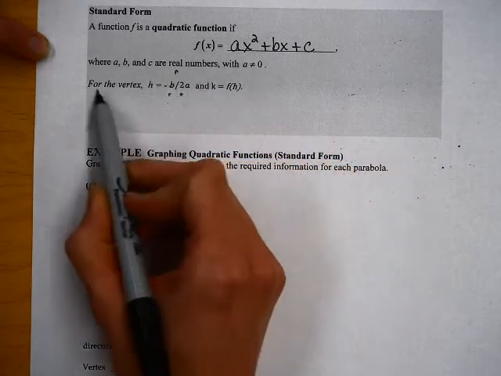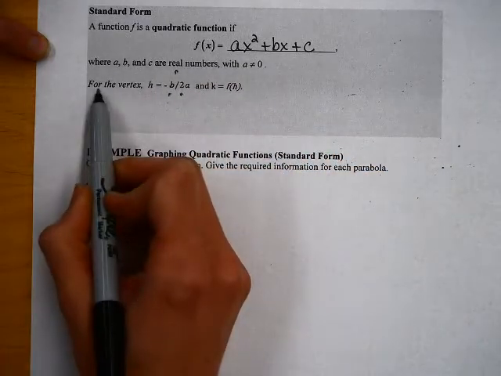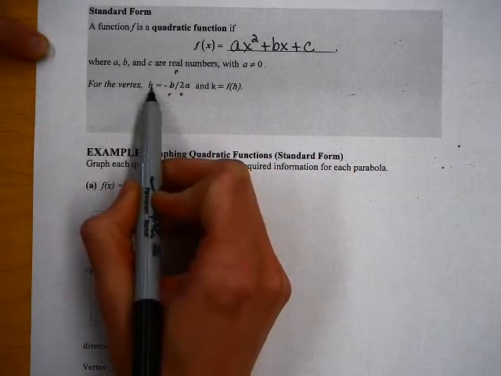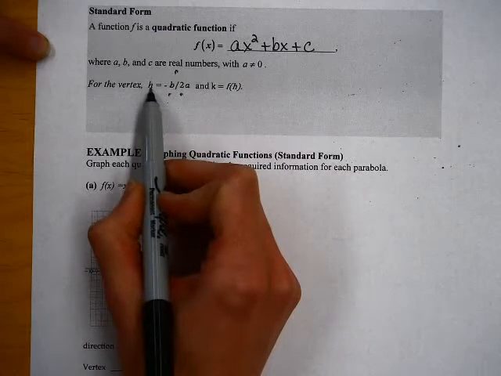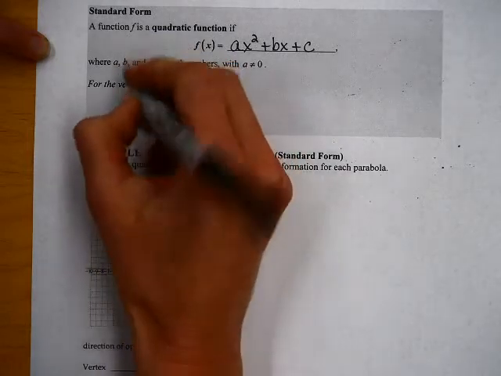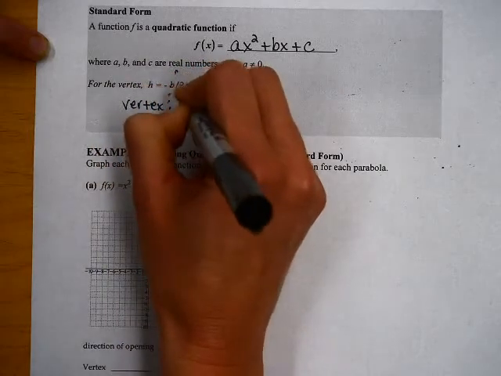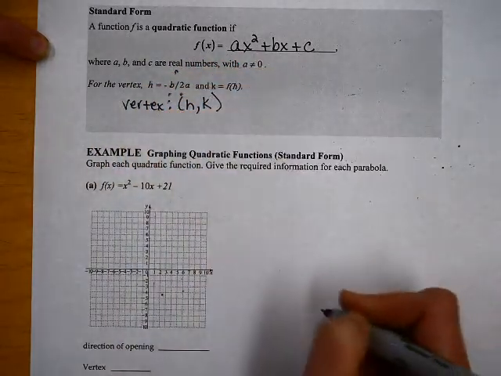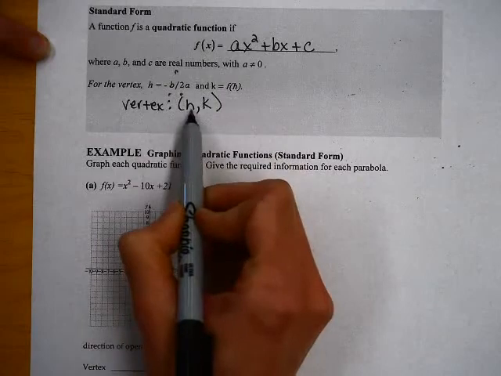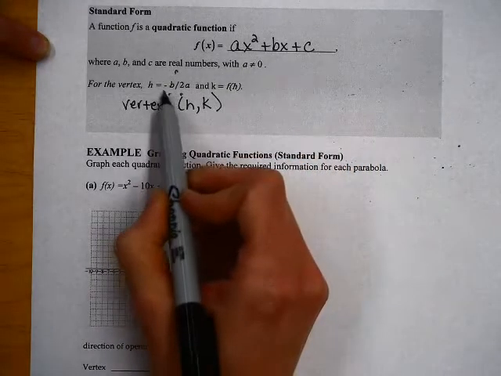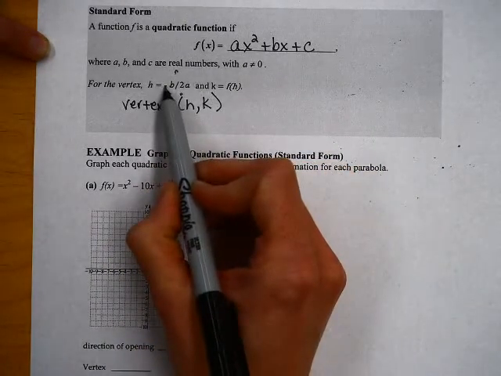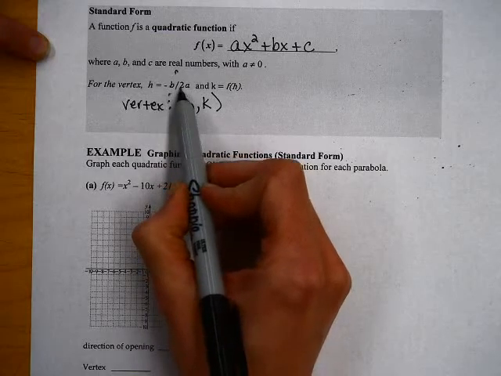When it's in this form, the vertex is going to be the h part, or in other words, the x part of our vertex, because remember our vertex is always (h, k) for these parabolas. The h part of this vertex is going to equal negative b divided by 2 times a.